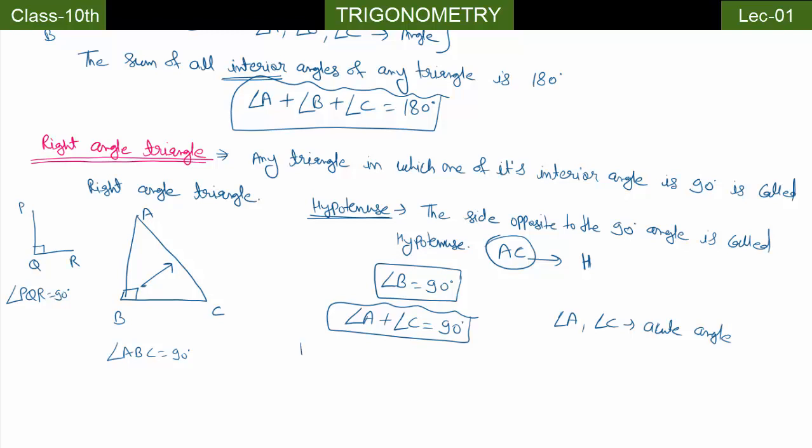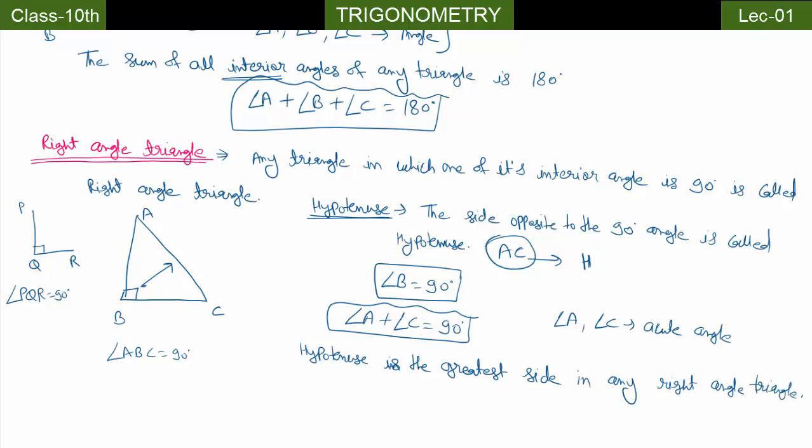So hypotenuse is the greatest side in any right angle triangle. What do I mean by this?